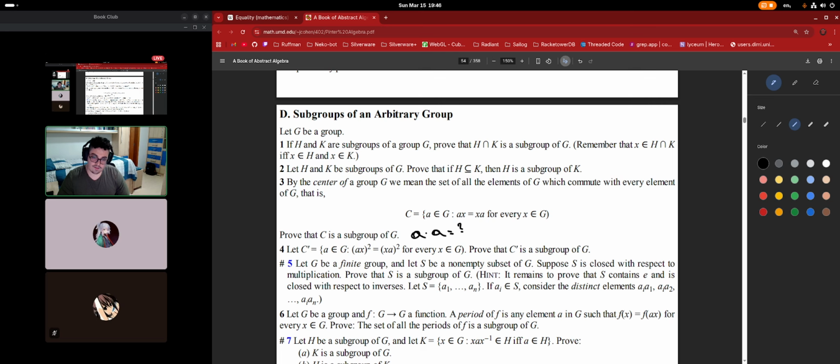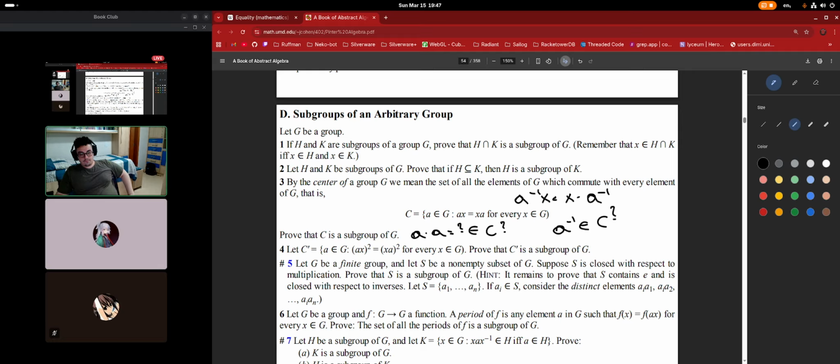So is this inside C? That is the question. What you said is also true. You have to check if this is in C, which in this case means that A inverse times X is equal to X times A inverse. Yeah, basically.